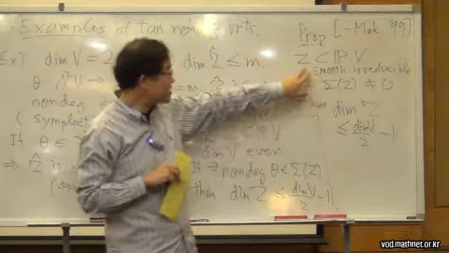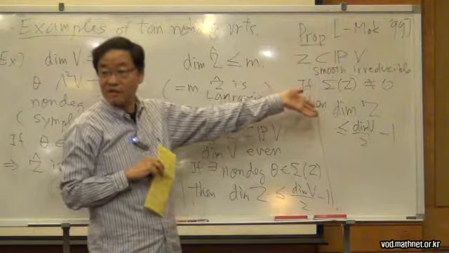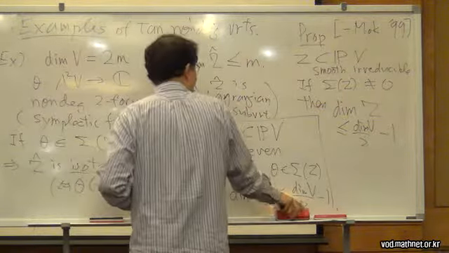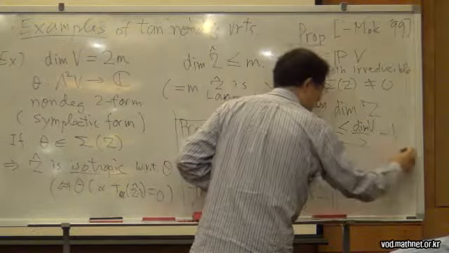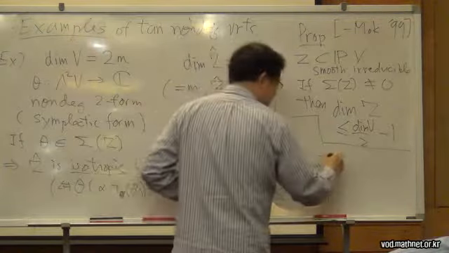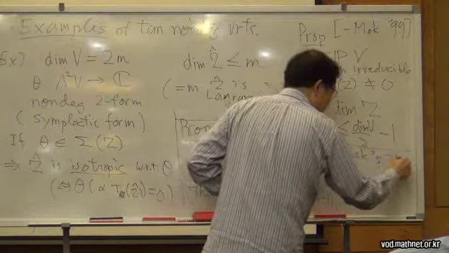So if Z has a sufficiently small codimension, then it's always tangentially non-degenerate. That's the statement. And the proof is essentially this plus Zak's theorem on tangency.